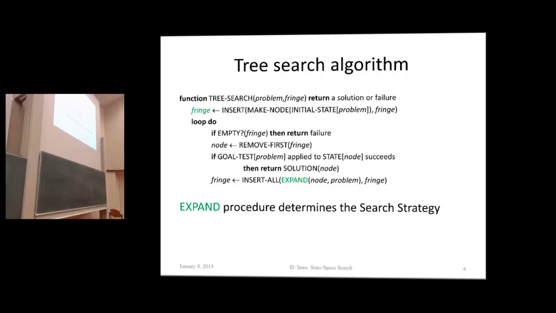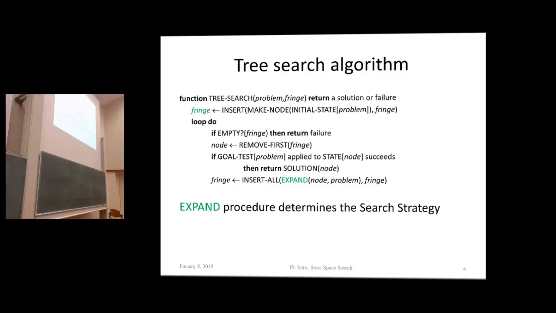Most important notion is this list, this fringe, which contains all the nodes that still need to be explored in our search tree. And what we then do is we have an instantiation phase, so we insert the initial state node of the problem to the fringe.